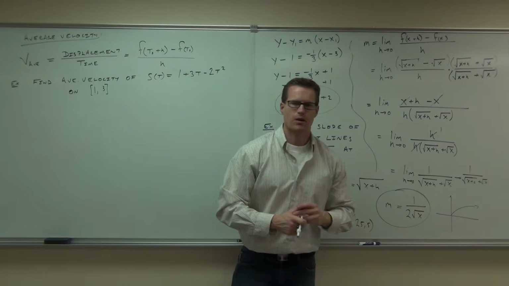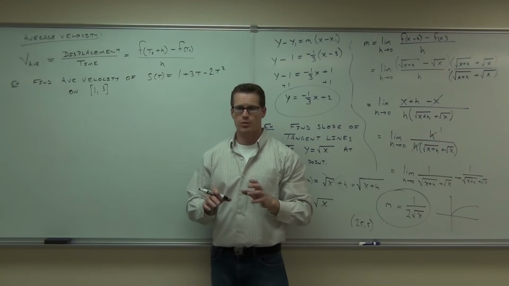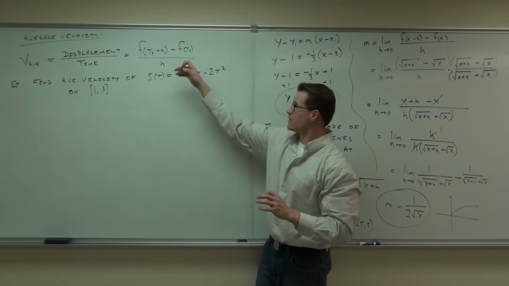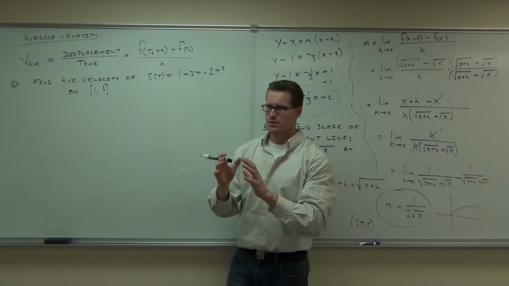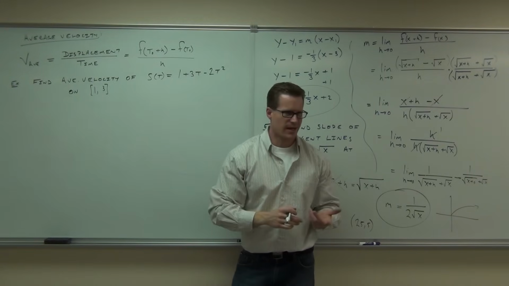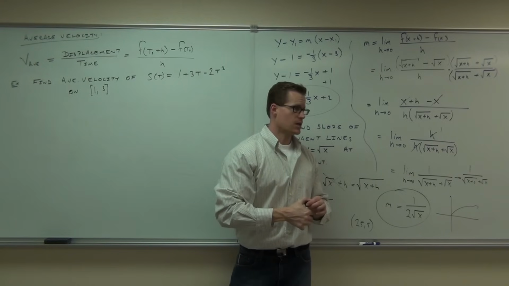What I want to do right now is simply find average velocity. Average velocity is a slope between 2 points. Now this will give it to you. So what we need to find again is f of t sub 0 plus h and f of t sub 0. But before we do that, we might want to identify what is t sub 0 and what is h.